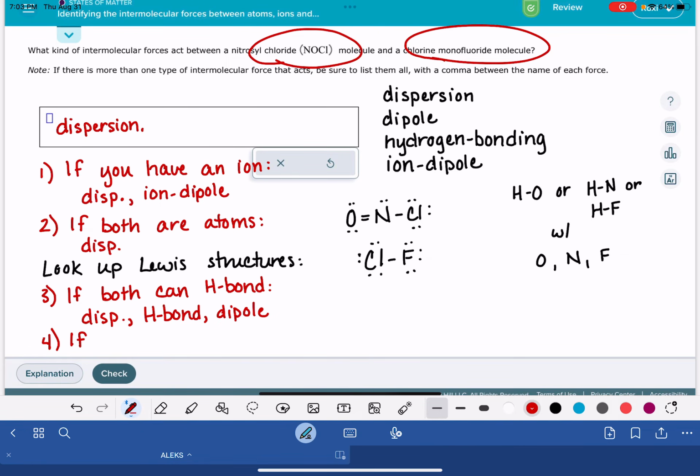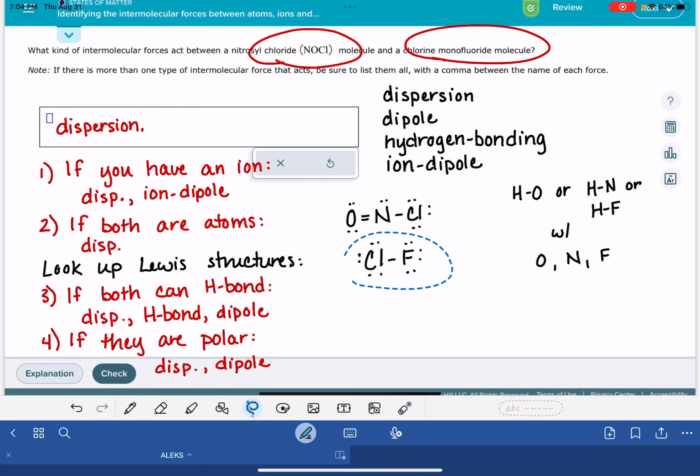In order for that to be actually the correct answer, the molecules need to be polar. So if they are polar, but no hydrogen bonding, then your answer is going to be dispersion and dipole. The reason I have it on here last is because this is the one that's the most tedious to analyze. Are the molecules polar or not, yes or no?